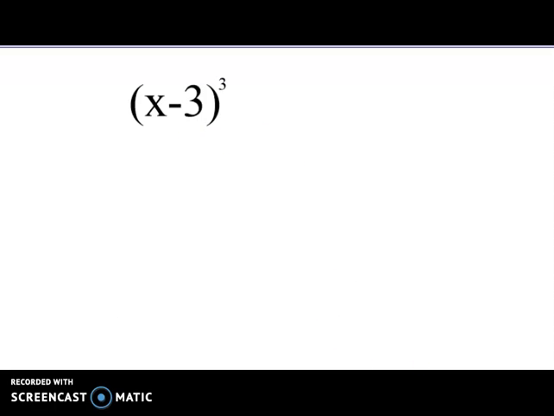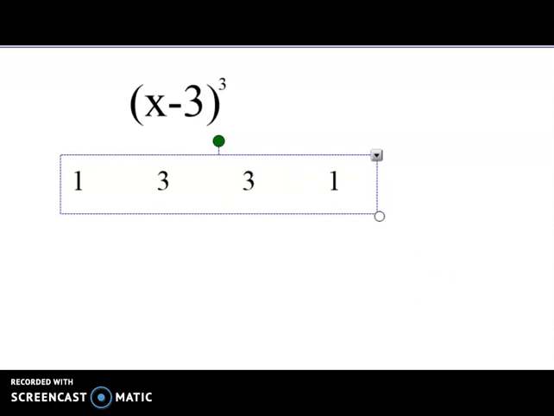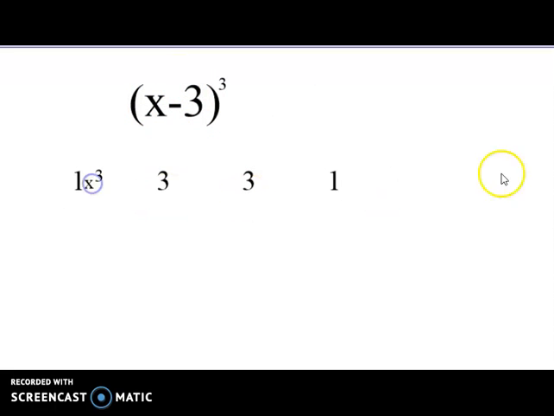Right, for this one, (x - 3)^3. Once again, I go to my Pascal triangle and select the power of 3's answer, which will be 1, 3, 3, 1. So my first instance, I take my values of x to the power of 3, continue to x to the power of 2, x to the power of 1, and then x to the power of 0, which is 1.